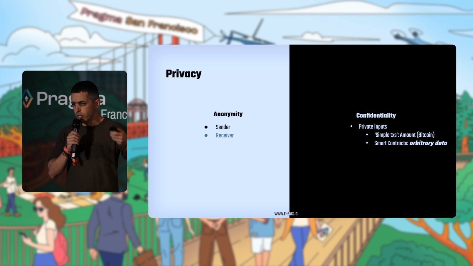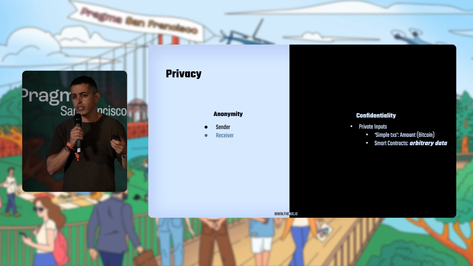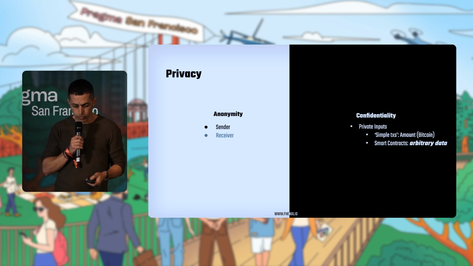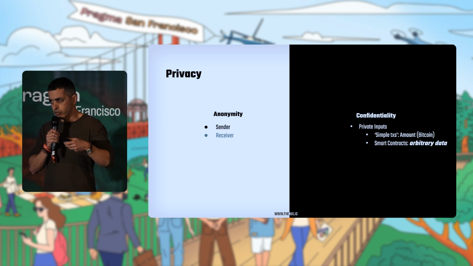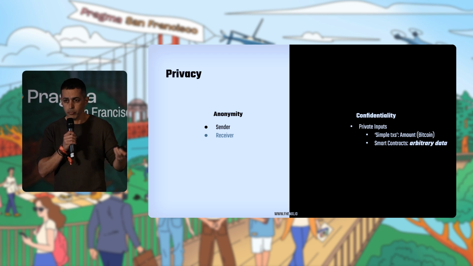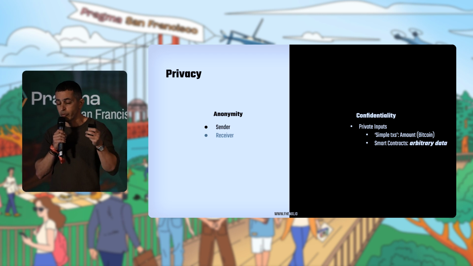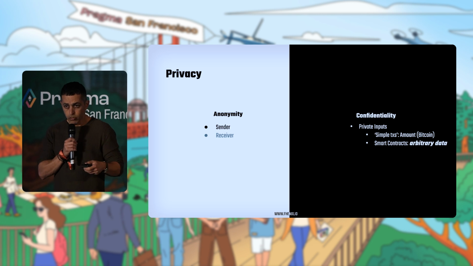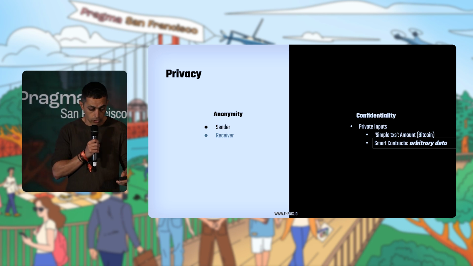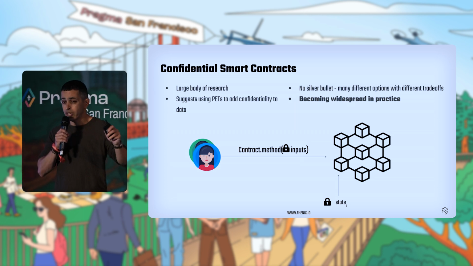So if you think about Bitcoin, it's the ability to send an amount and have that amount actually encrypted. But in the more interesting use case of Ethereum, it's the ability to do confidential smart contracts, meaning that the smart contracts can work on arbitrary data. Confidential smart contracts have been researched for quite some time.